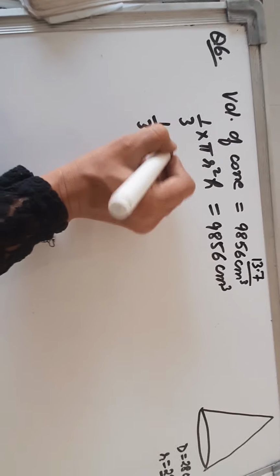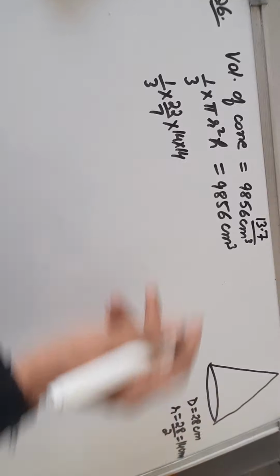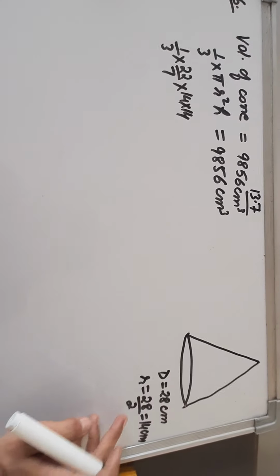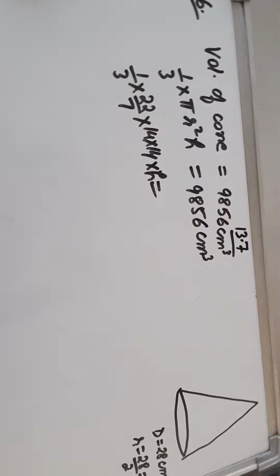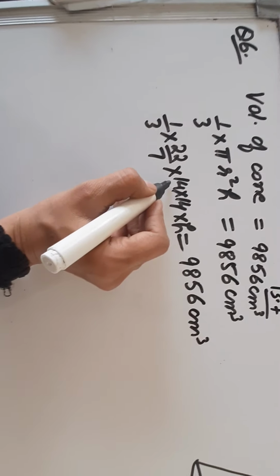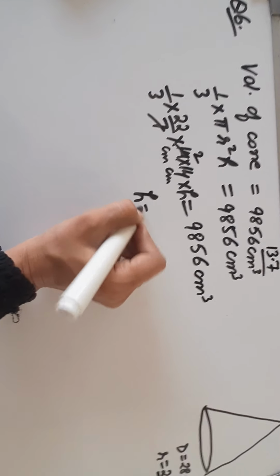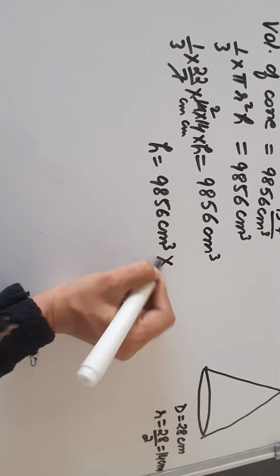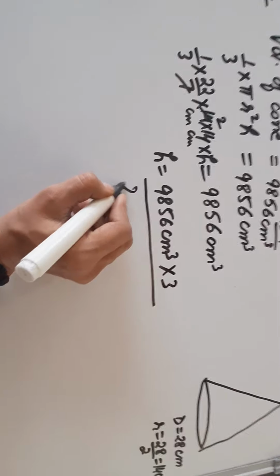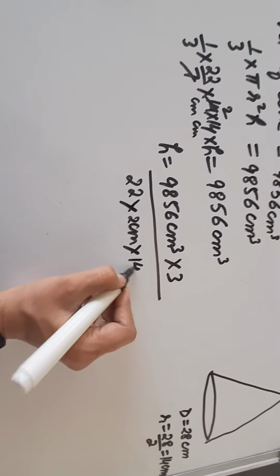So whatever we have, let us put the values. Into radius 14 into 14. Here we are not putting the value in fraction because we obtained a whole number. Into height, which will be obtained. This radius is in centimeter, 14 centimeter. Now let us cross multiply. 7 2s are 14. h is equal to 9856 cubic centimeter divided by 22 into 2 centimeter into 14 centimeter.